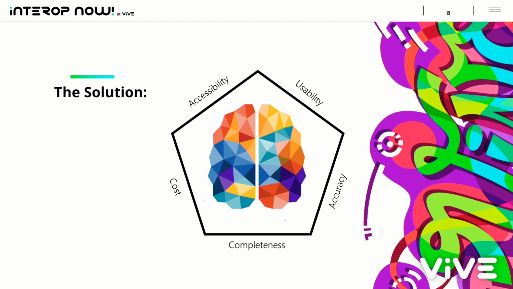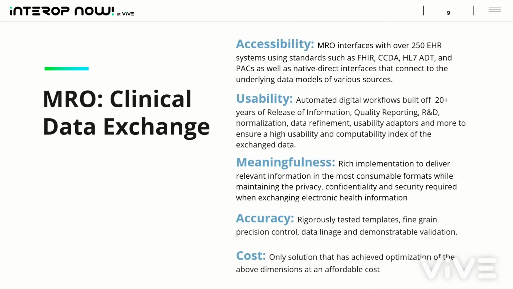So with that, MRO interfaces with over 250 EHRs, so being able to tap into and get access using existing standards, such as FHIR that we continue to talk about and see the improvements, HL7, and connecting to alternate resources like PACS, gives us the ability to have a far reach into a variety of native formats that we can then normalize, curate, and deliver for various reasons at scale.